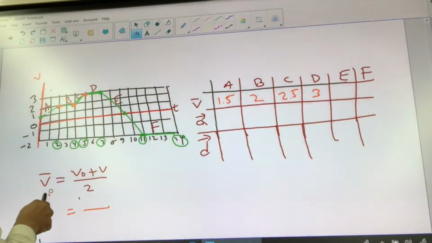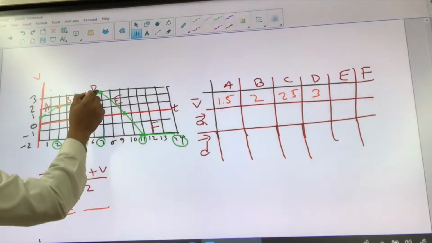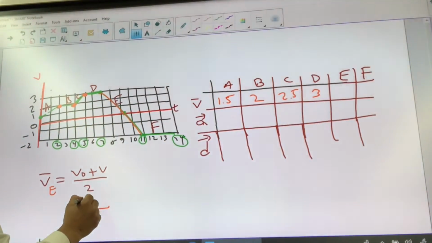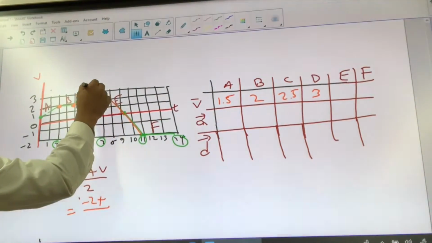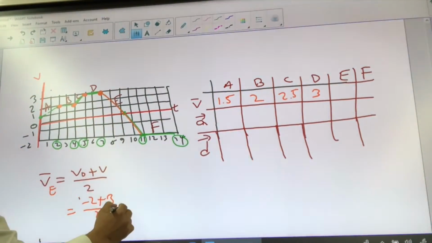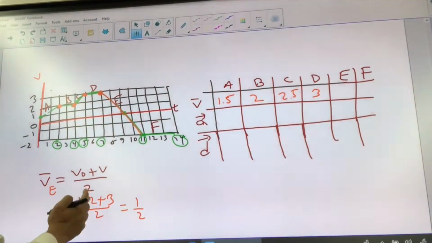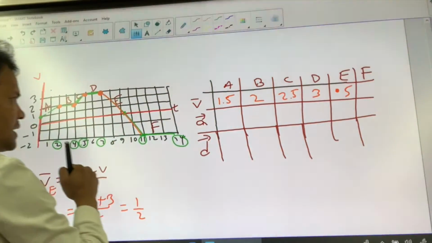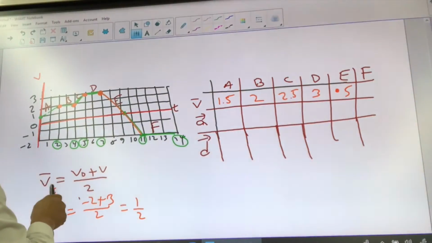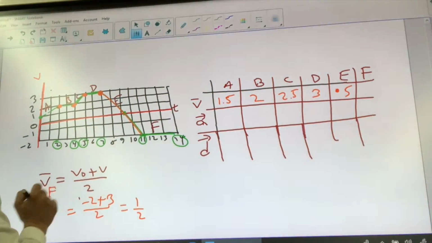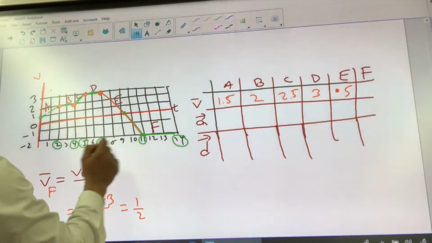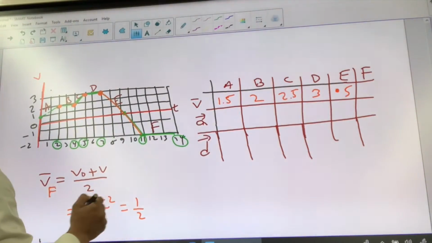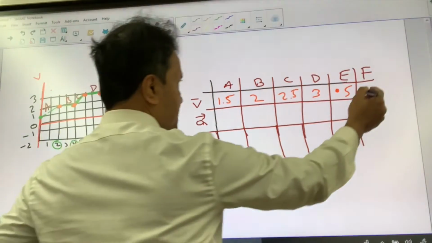Average velocity at section E is -2 plus 3 divided by 2, so 1 divided by 2, so 0.5. And the average velocity at F is -2 over 2, so it's -2.